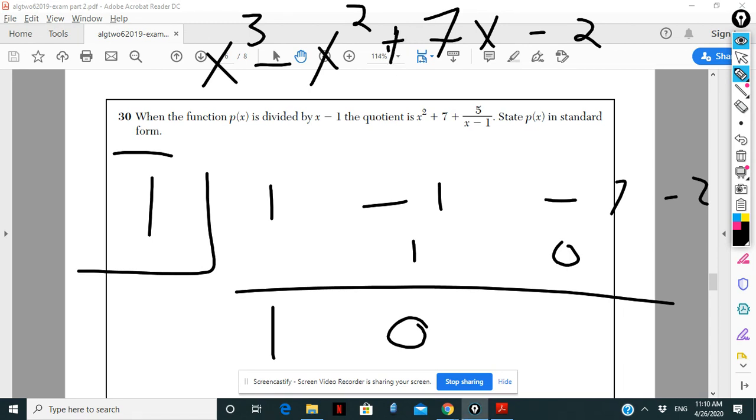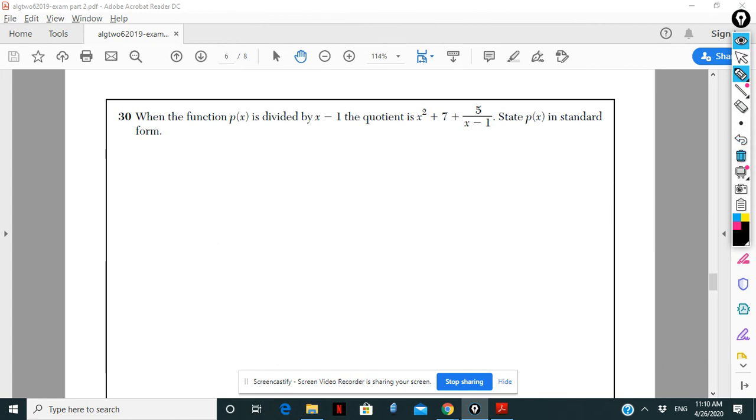Okay, giving me a +7, and here's 7 giving me 5. I think I'm going to redo it again.